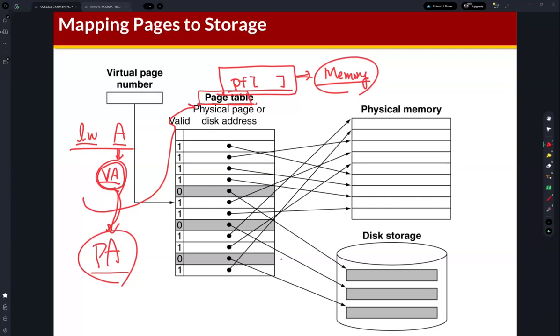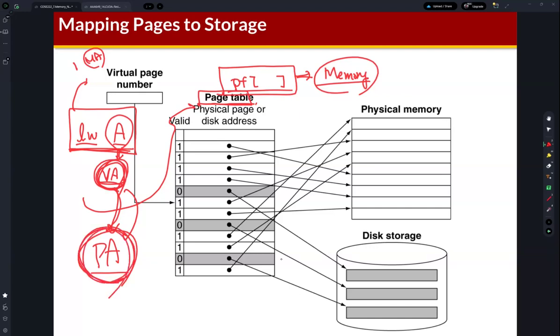Actually, we assume that in order to execute this load instruction, only one memory access is required, right? That's what we expected. But in order to access the data using the virtual address, firstly the virtual address needs to be translated into the physical address.